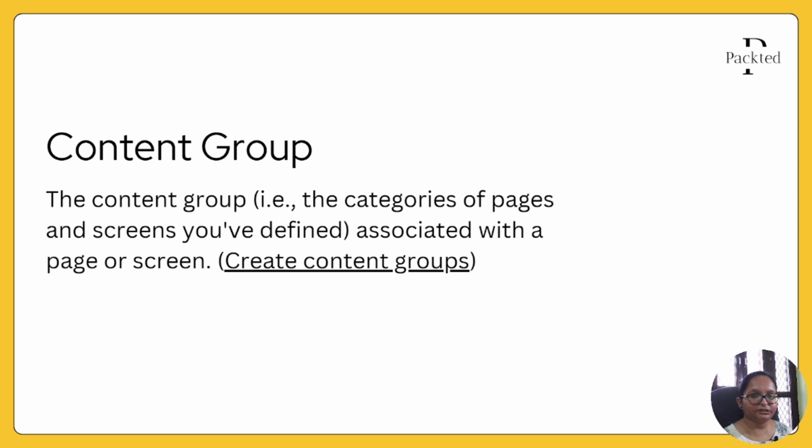So the first dimension is content group, which is the categories of pages and screens you have defined associated with the page or screen. So you can define different categories on which you want to see the content, and then you can just see those in your reports.